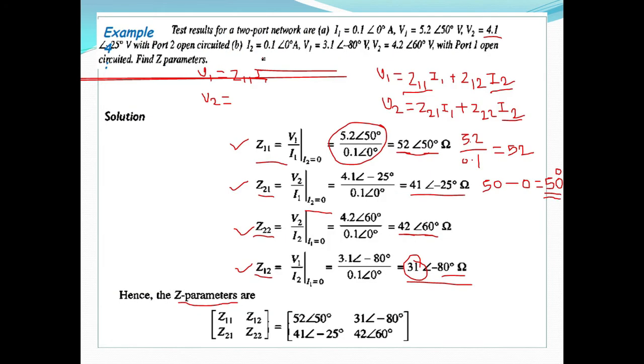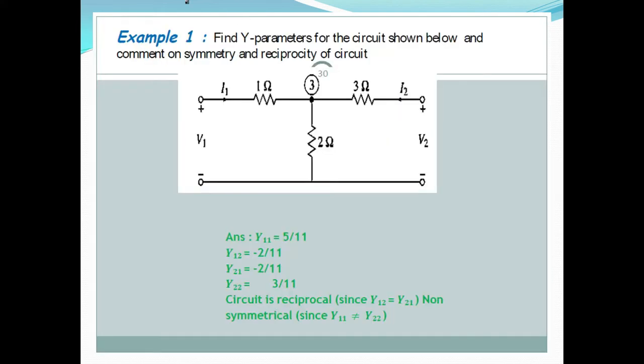Then the next example. In this example we find the Y parameter, as shown in the figure here. A very simple figure is given. Just keep in mind that the Y parameter is generally called the short circuit parameter.